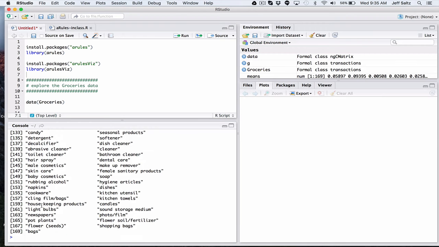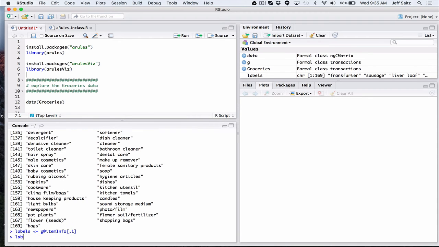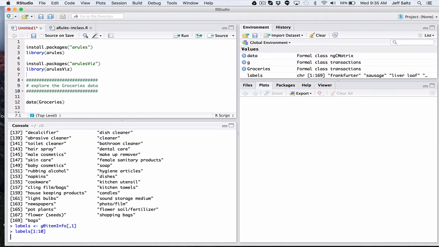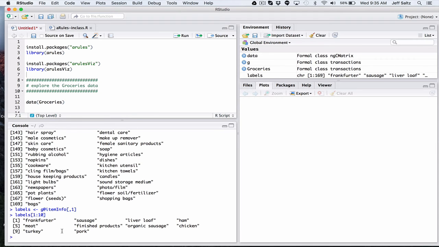So we can store this. We take a look at all the labels, for example. Frankfurter, sausage, these are the different names that we've been using.